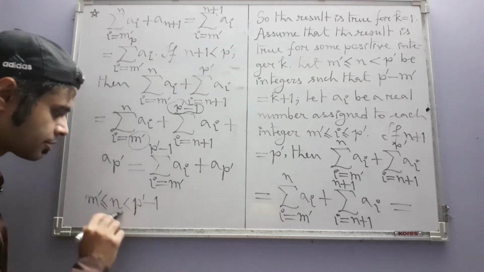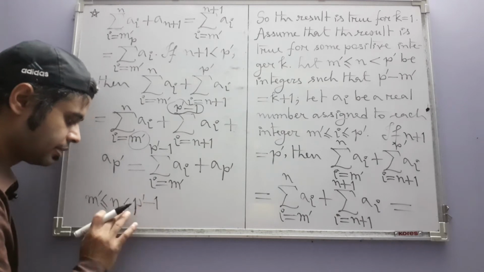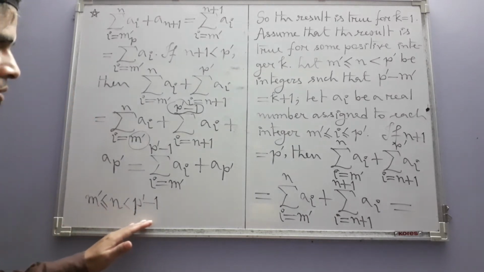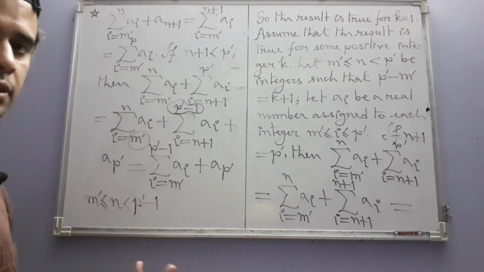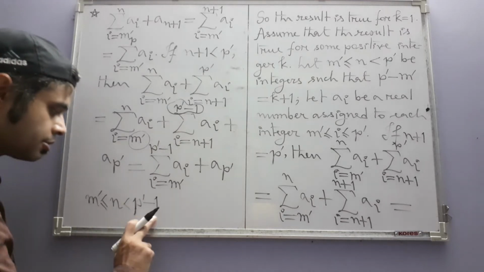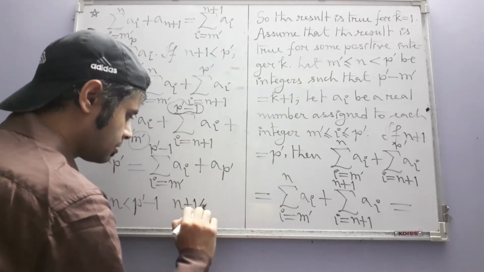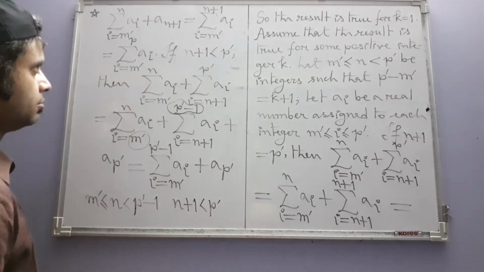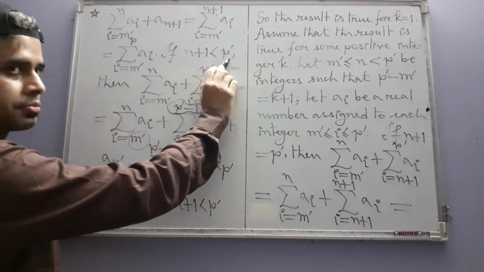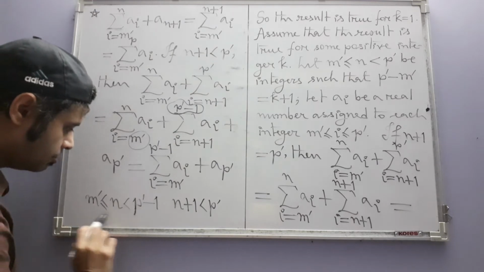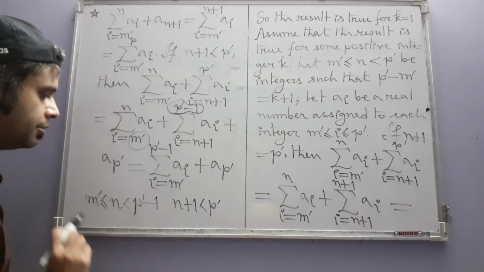Because if this strict inequality is not true, then we are stuck here itself. But this is true. Why? Because n plus 1 is less than p prime. See? So that is why we do have this thing that we need. Okay.